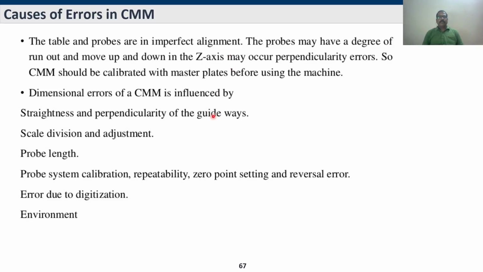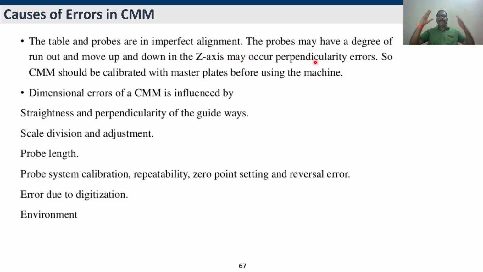As I said, the table and probes may be in imperfect alignment. If the table and probe are not aligned properly, you will get error. The probes may have some degree of run out and move up and down in the z-axis. That may cause perpendicularity error.